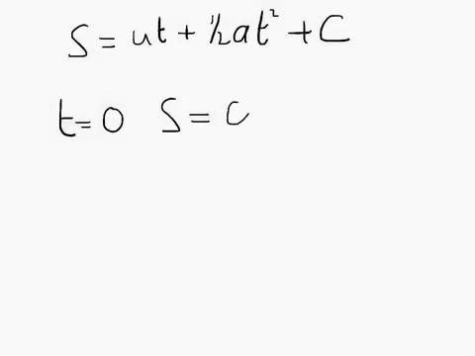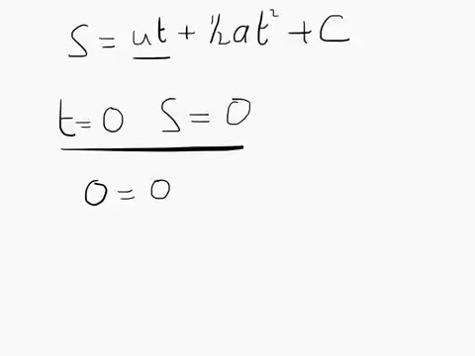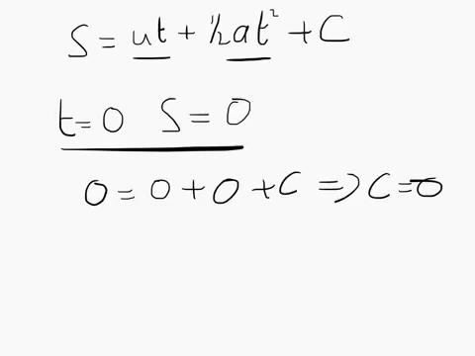When t equals 0, s equals 0. Putting these two values into this equation, we get 0 equals 0 plus 0 plus c, so therefore c equals 0.